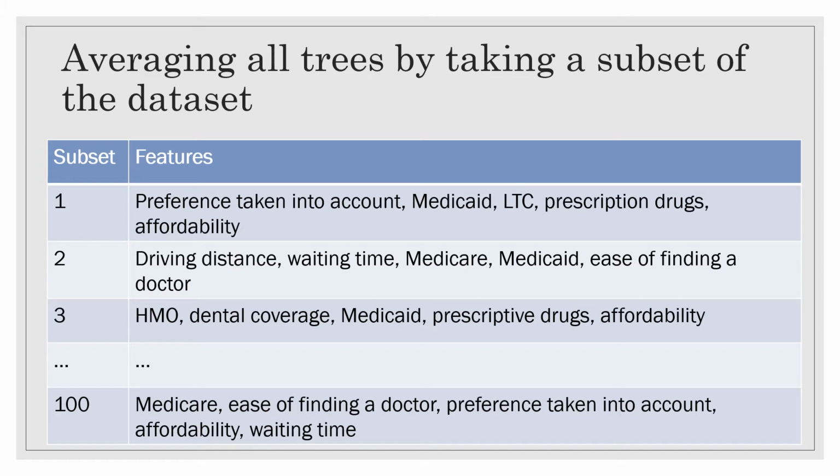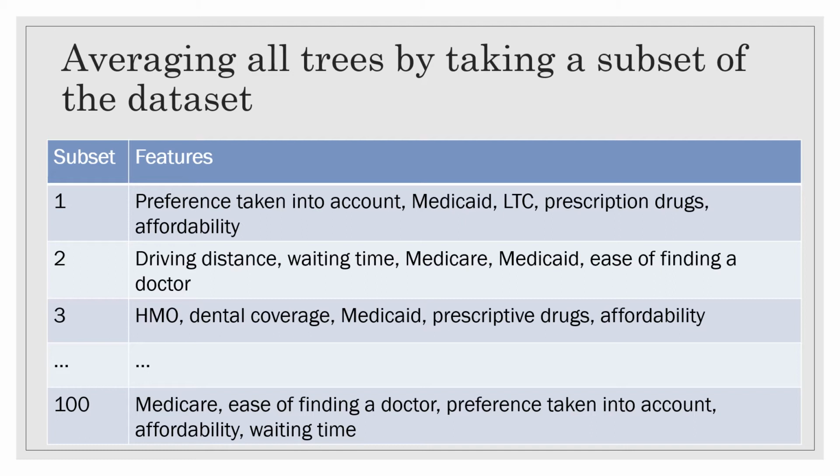For instance, for respondents assigned to the first subset, we send a survey that asks them how having their preference taken into account, how having Medicaid coverage, how having long-term coverage, how having prescription drugs coverage, how having affordable healthcare affects their healthcare satisfaction.